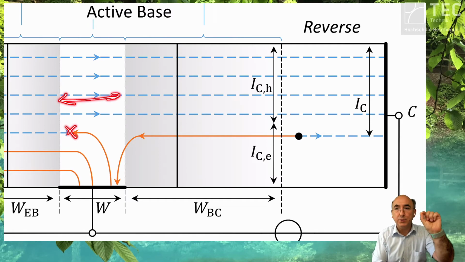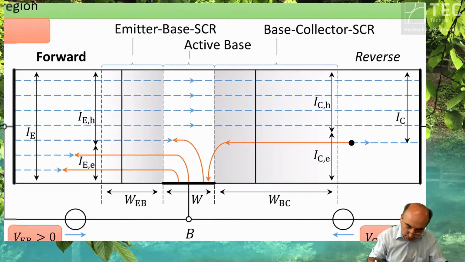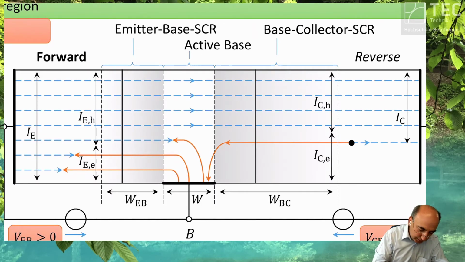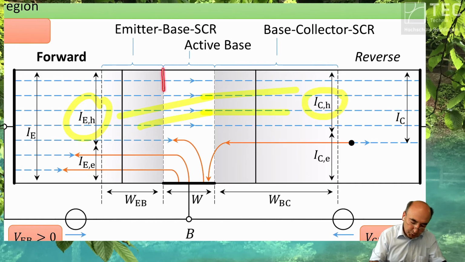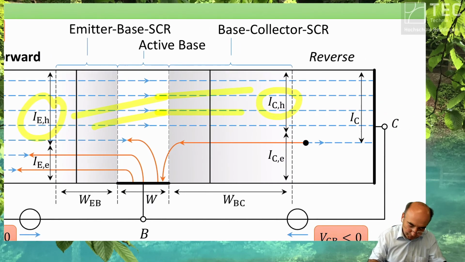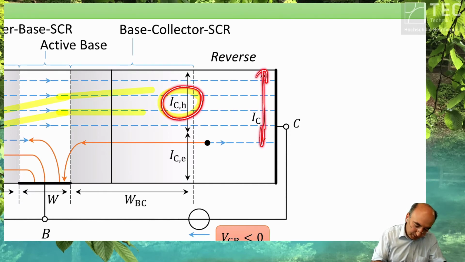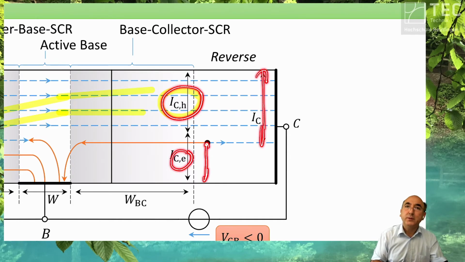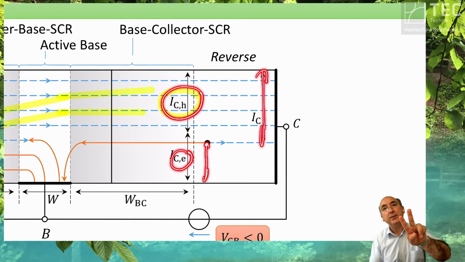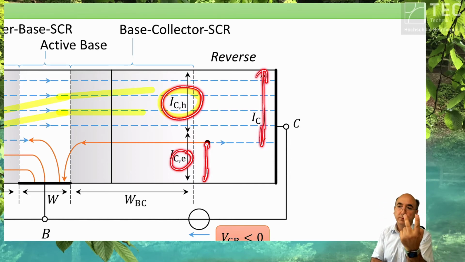This is assumed. So we assume that this one is equal to this one, by the physical shortness of this area. Okay, and the collector current is the sum of this hole current and this electron current, like in the p-n diode, but in the reverse polarity.